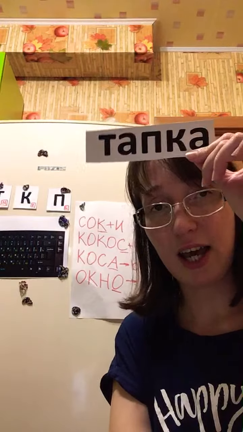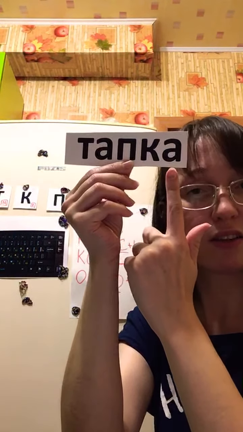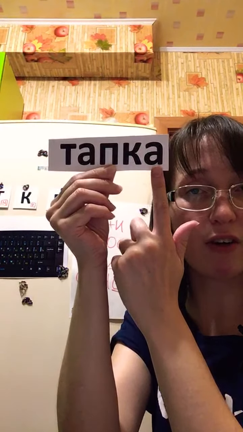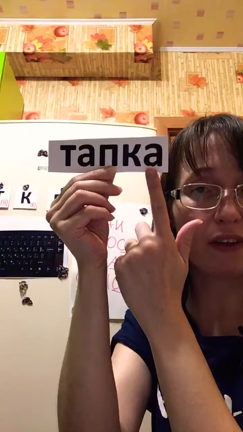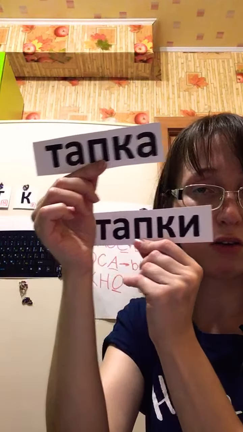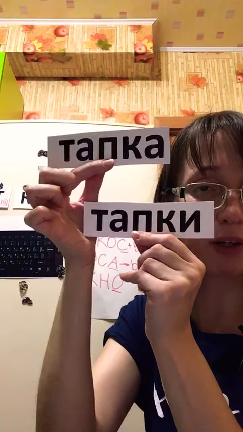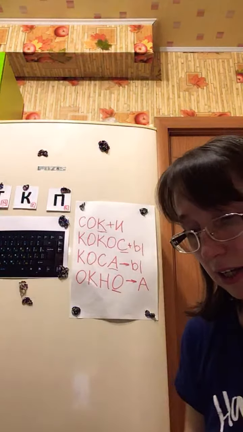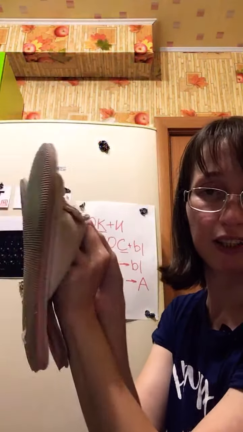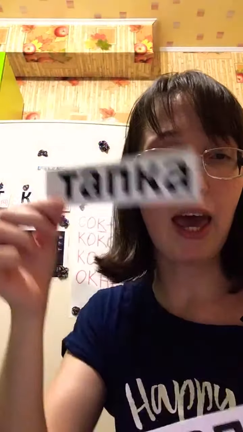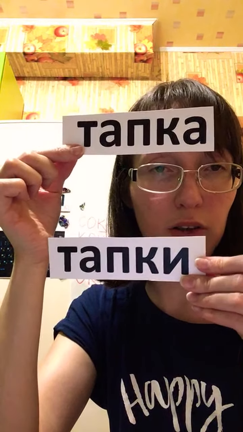Again, in the end, this noun is feminine, but there is a letter K. So when we make it plural, we never replace a with u. We add e. Tapka, tapki. Tapka singular, a home shoe, tapki plural, home shoes.